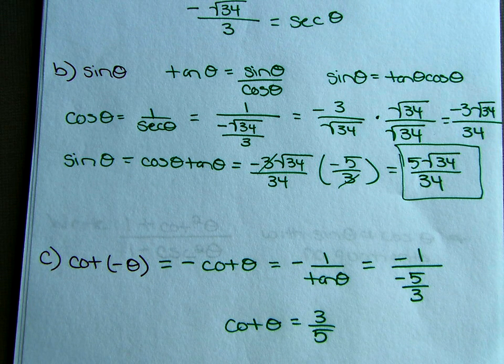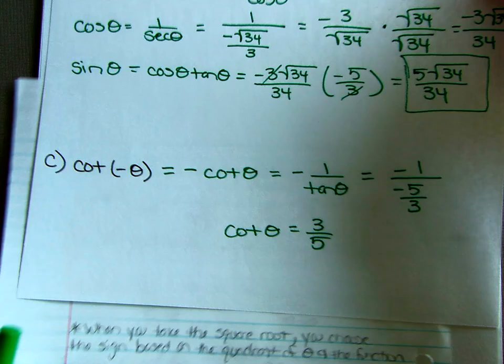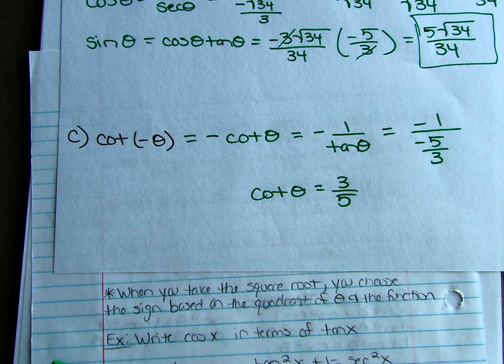I do have a little star note specifically for the sine theta part. It says that when you take the square root, you choose the sign based on the quadrant of theta in the function, which is what we did. We had to check to see if sine was positive in quadrant 2. And we have to determine that as we move forward using that table from 1.4.